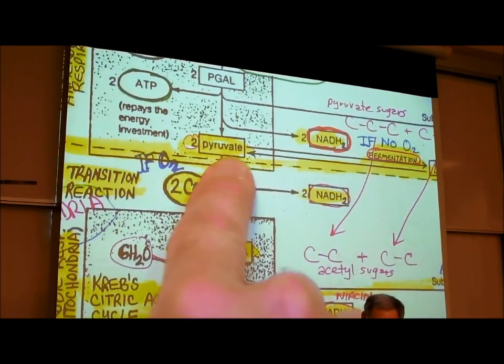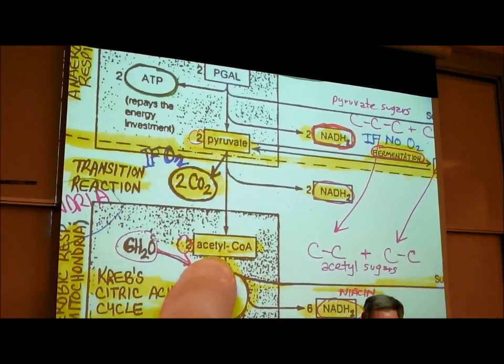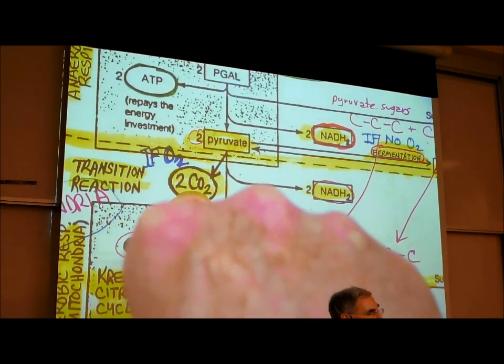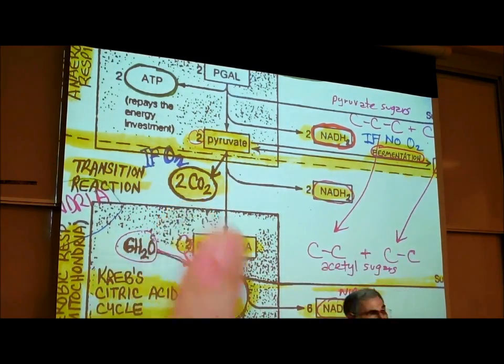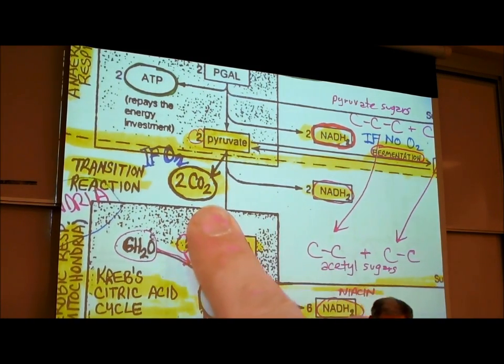So in other words, when the two pyruvate sugars are turned into two acetyl sugars, we get two carbon dioxides. Those are the two missing carbon atoms. In this process of aerobic respiration, we said we were going to break apart the pyruvate sugars completely into carbon dioxide. So that's what's happening.